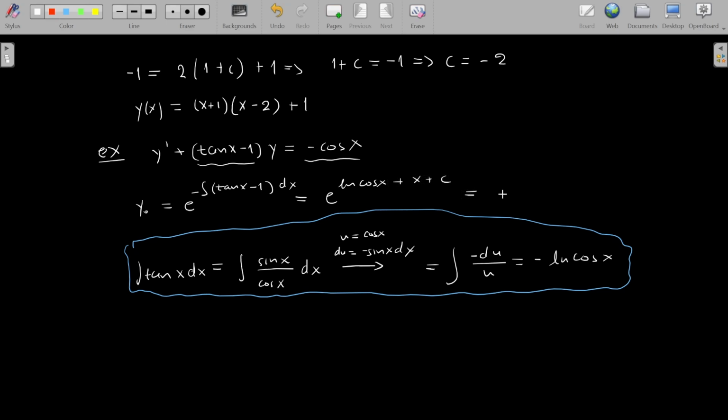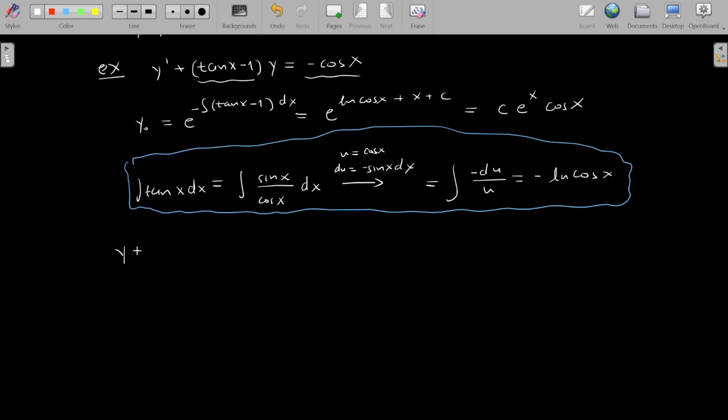It's going to give us a constant times e to the x times cosine of x. So finally, y of x is going to be y naught, the e to the x cosine of x, times the integral of r of x, which is minus cos of x, over y naught, so e to the x cosine of x.